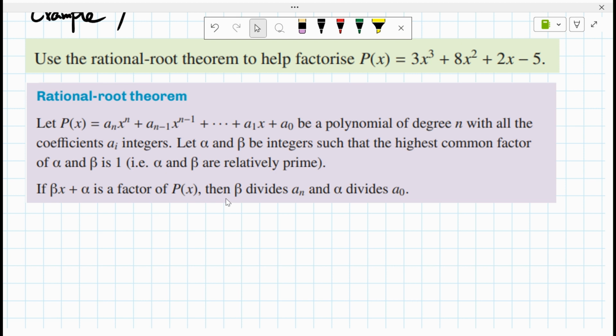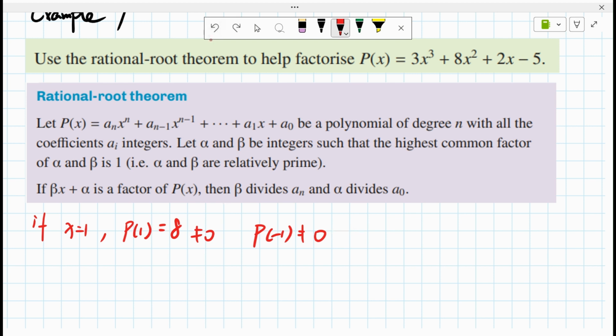First things first, let's try x equal to 1. P(1) equals 8, which is not equal to 0, so that means it's not a factor. Let's try negative 1. Substituting negative 1 gives negative 3 plus 8 minus 2 minus 5, which is not equal to 0 either, it equals negative 2.